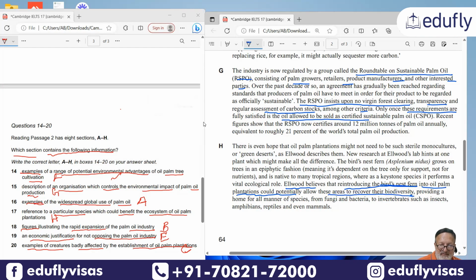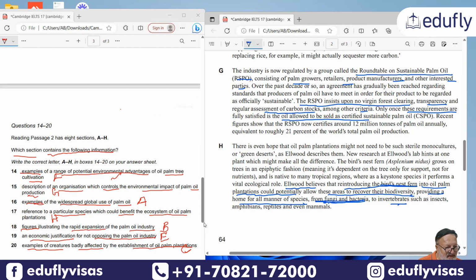So it can benefit them in terms of larger biodiversity, providing a home for all manners of species, habitat advantage from fungi and bacteria. These are very good in growing plants. So invertebrates. So these are advantages, and this says particular species.